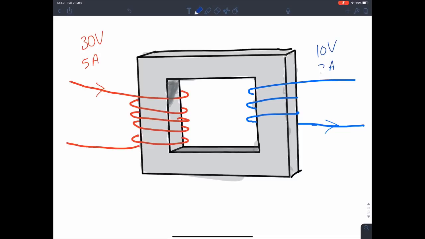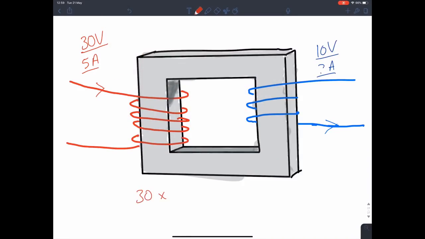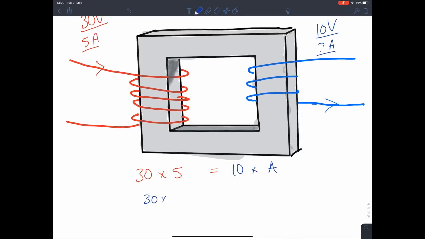So the formula is this: voltage in primary times current in primary is equal to voltage in secondary times current in secondary. So you're going to say 30 times 5 is equal to 10 times whatever the current was, which we don't know, so we'll call that A. And then when you rearrange that, it's going to be 30 times 5 over 10, and that will give you the current.